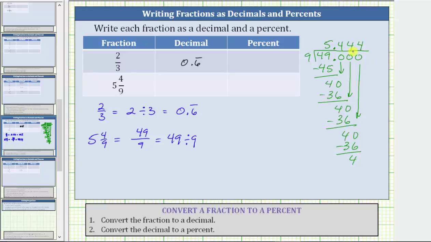Stopping here, we should recognize the 4 is repeating. The decimal is 5.4 repeating, which we write as 5.4 with a bar over the 4.